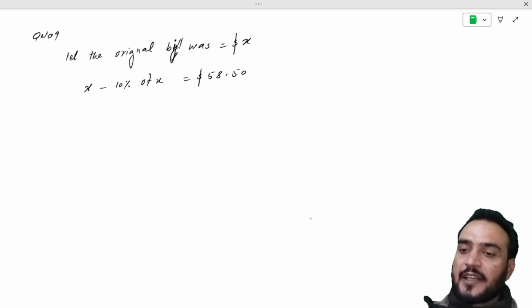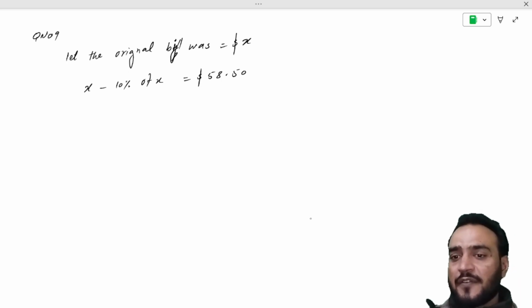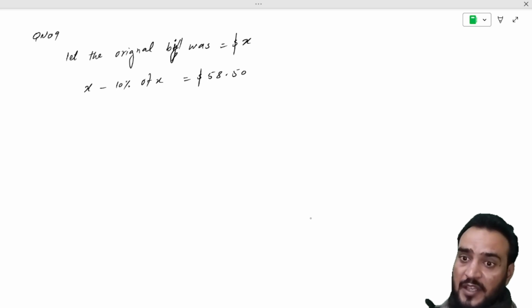This is the decrease in percentage of the original bill, because the original bill we have considered is equal to x dollars. We have to subtract 10% of x from the original bill, and the remaining bill is $58.50.